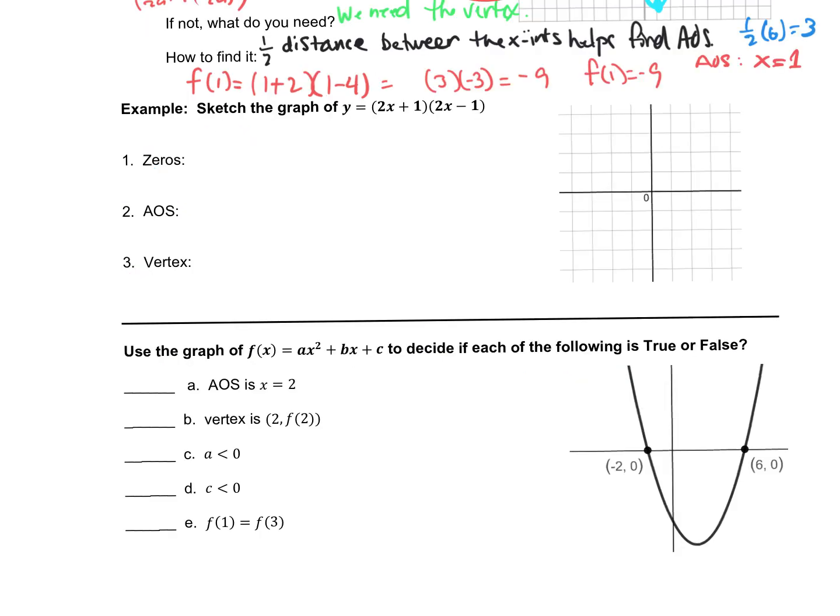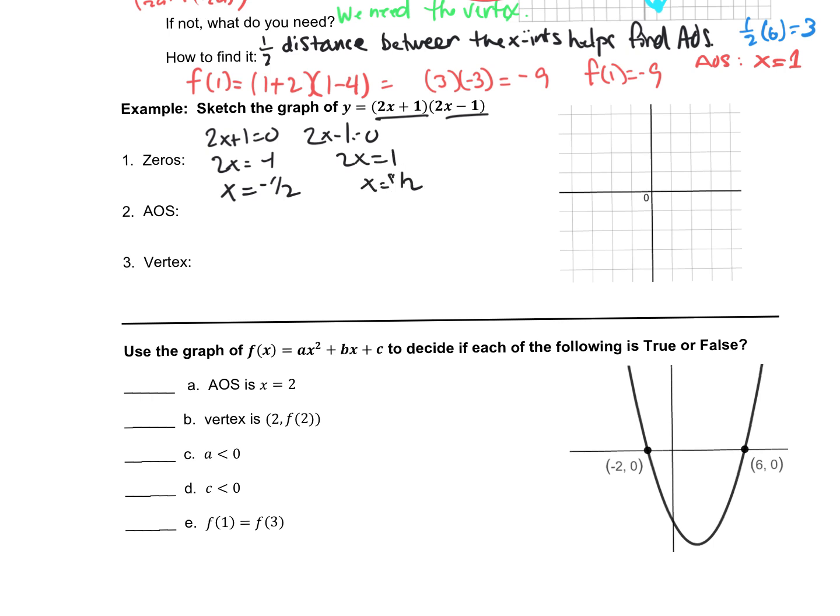So let's try the second example based on what we've done. The first things we want are the zeros. So again, we're going to set each of these equal to 0. So I get 2x plus 1 equals 0, and 2x minus 1 equals 0. 2x equals a negative 1. X equals negative 1/2. Here, 2x equals a positive 1, and x equals a positive 1/2.